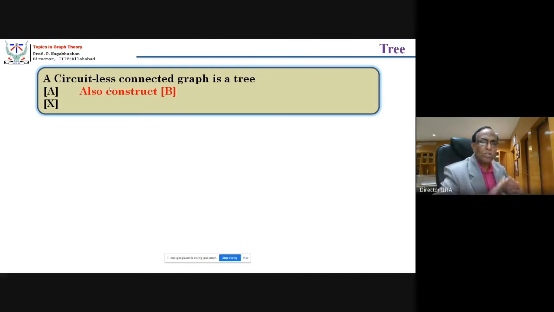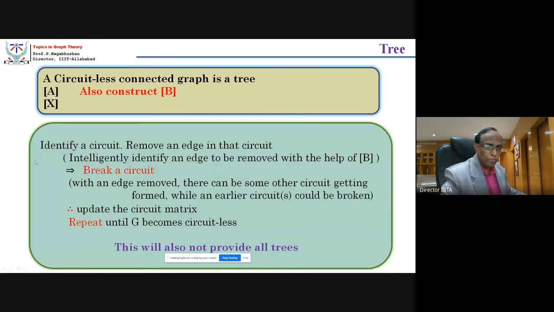All that you have to do is break one circuit at a time. Therefore, that is the algorithm: identify a circuit, remove an edge in that circuit. Intelligently identify an edge to be removed with the help of the circuit matrix. This is a little advanced level, don't worry about it. Initially, all that you have to do is identify a circuit and break that circuit.